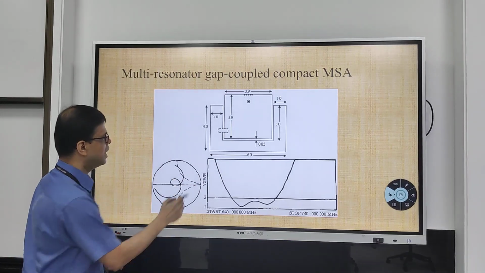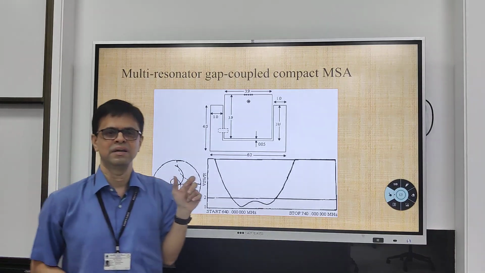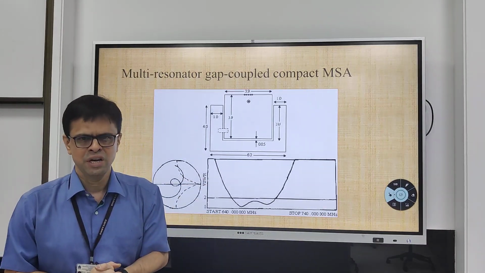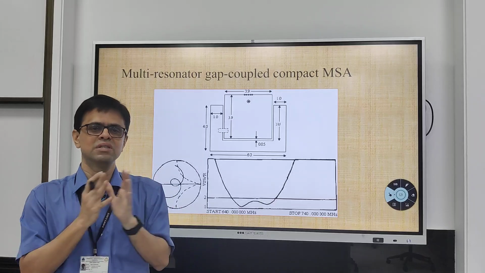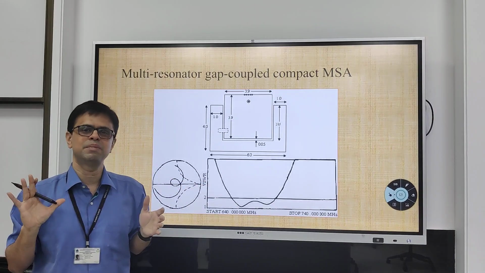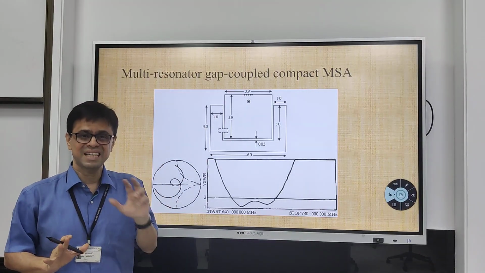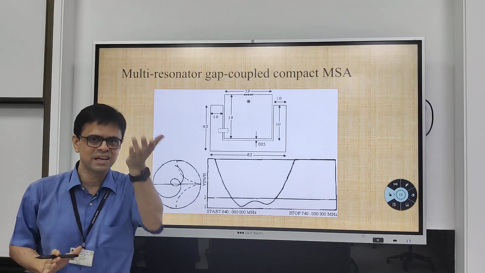Now here you will see another modification is done. This is a hybrid mode of coupling. Now in some configurations, depending upon their field distribution, because the gap coupling is a function of field distribution which is present across the patch periphery, sometimes I need to enhance the gap coupling.